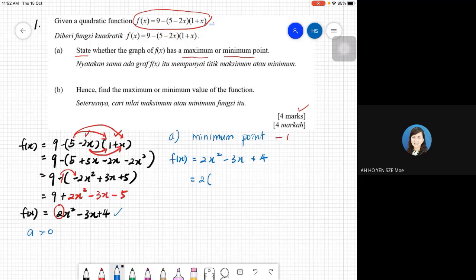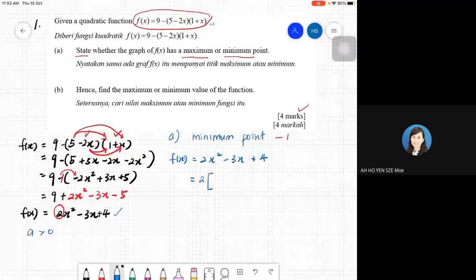Okay, normally we take out 2, we put the square bracket lah after this. Okay, kita buat bracket square because after this we need to find the complete square. Inside there's another bracket, so we make it square bracket. So x square. So kita nak keluarkan 2, so this one 3 over 2 x.